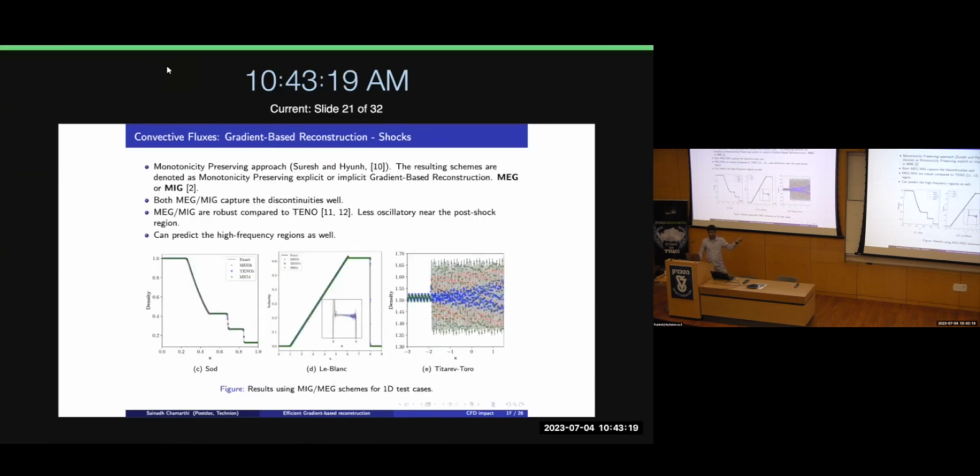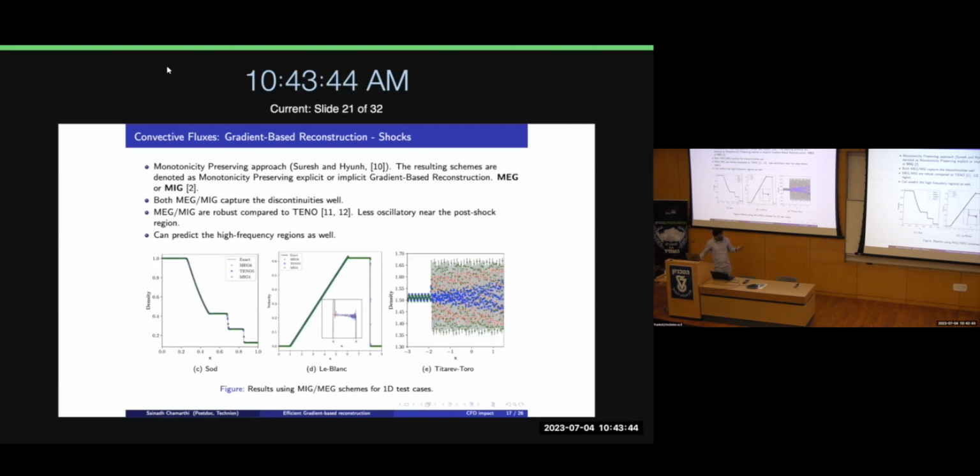So far, I'm showing only simple cases, the cases where there are no shock waves. But in general, we have to deal with shock waves and other things. And we use what is called the monotonicity preserving approach of Suresh and Huynh. The resulting schemes are called MIG or MEG, which is monotonicity preserving with explicit or implicit gradients.